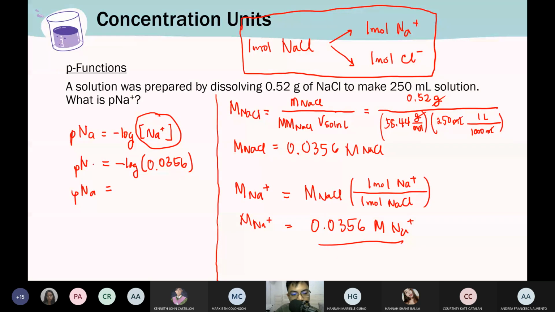Ano yung sagot? 1.45 na lang. Okay, so it is 1.4486 or 1.45. Okay, so kapag molarity for decimal places ang prefer ko, kapag pH dalawa lang. Okay, so 2 decimal places, okay na yan.